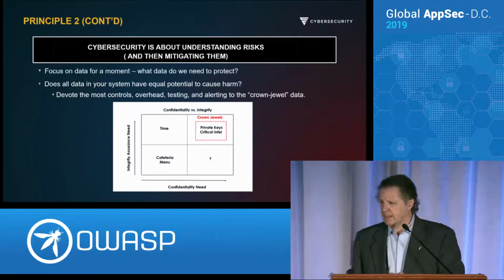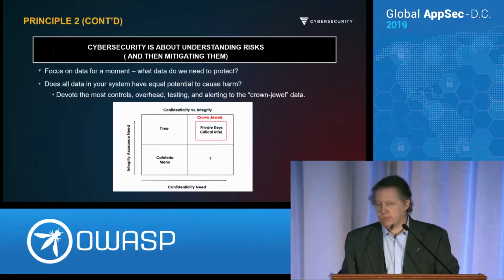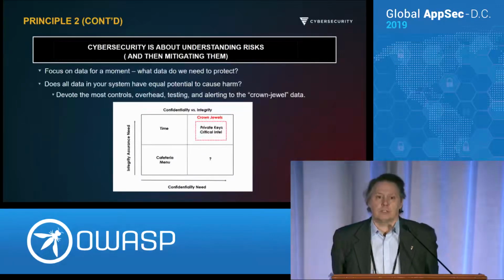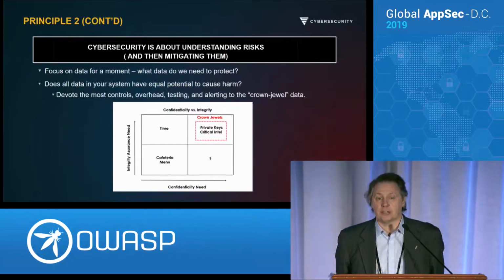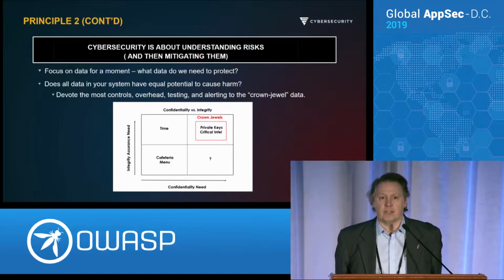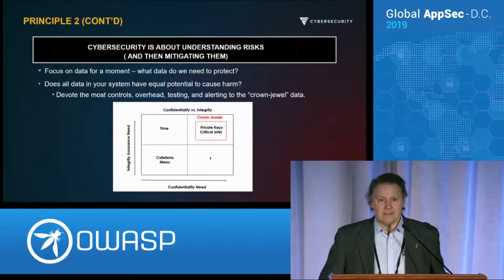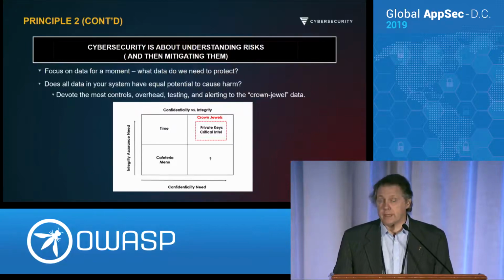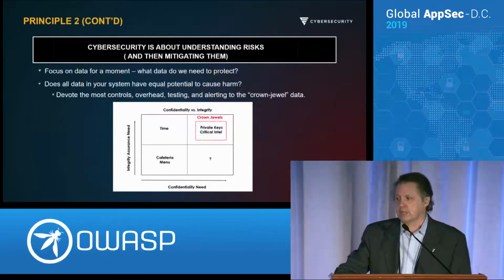Okay. Now we're going to focus on data for just a moment. And this is an exercise that I've used in security engineering and security architecture contexts several times, and that's find the crown jewel data. Okay, and it doesn't always show up where you'd expect, I think, is the lesson I've learned from doing this a lot.